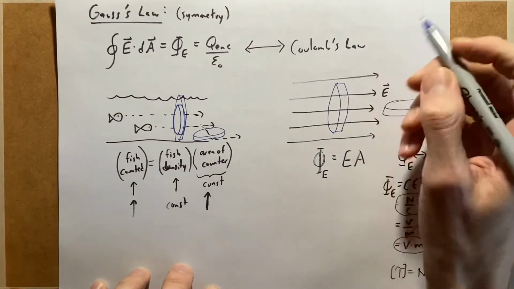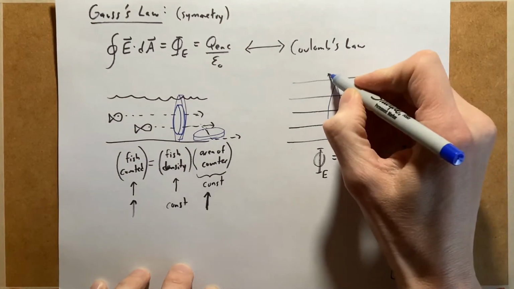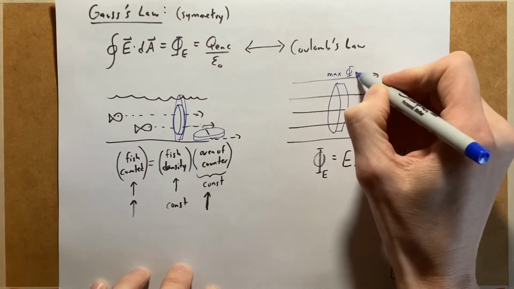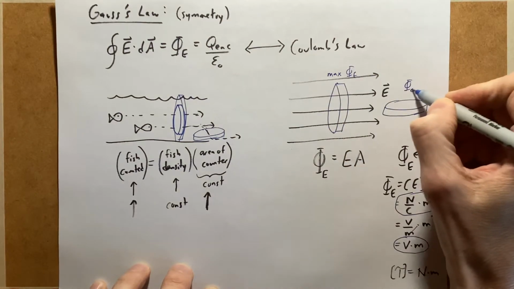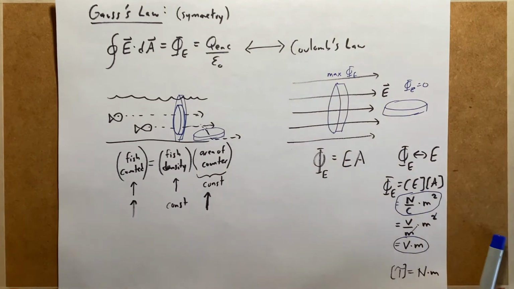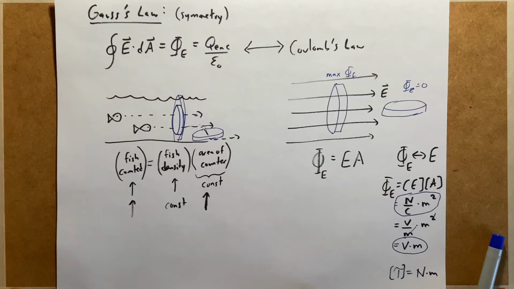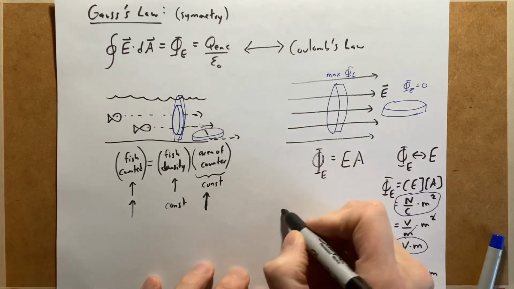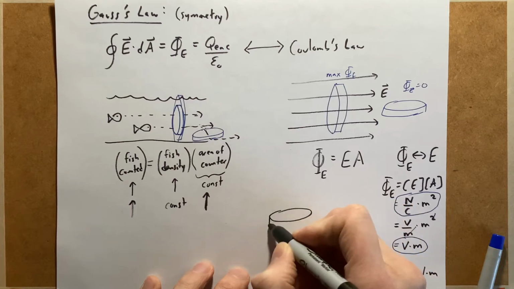So in fact, this area would be oriented to catch maximum flux, and here the flux would be 0. So let me show you how to do that. What we need to do is define a way to talk about how the area is oriented in 3D space. And for that, we have a tool. Let me draw the area here.